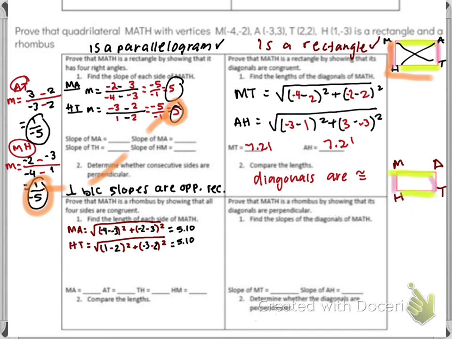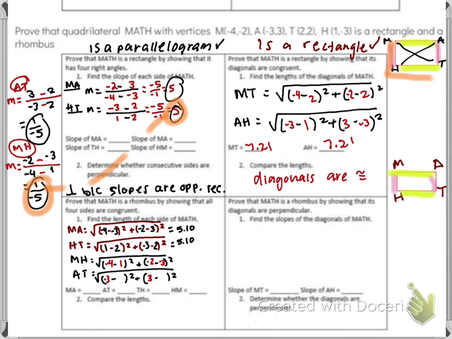Okay, so let's go and look at those other two sides. So MH and AT. All right, M is -4, -2. H is 1, -3. A is -3, 3.